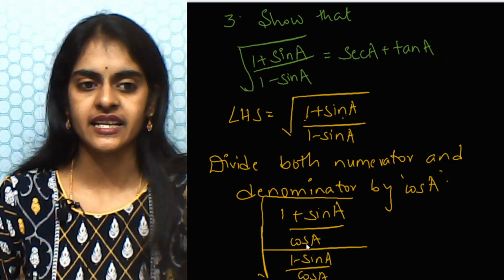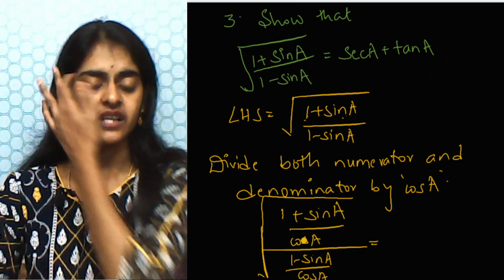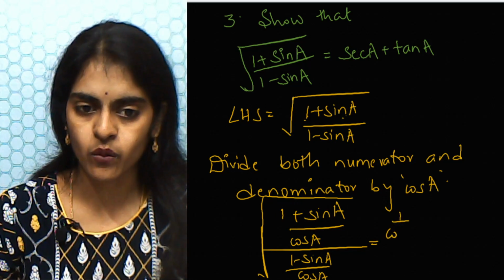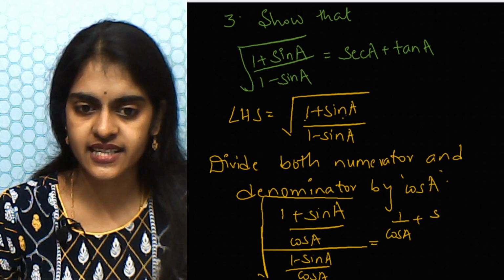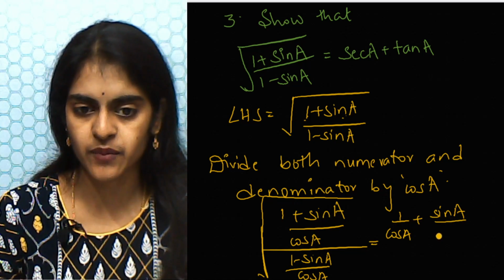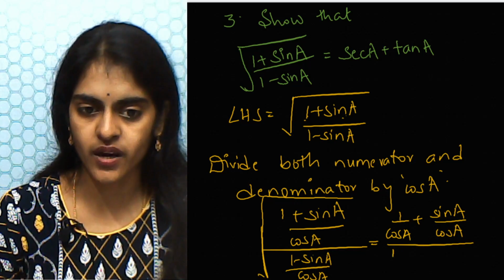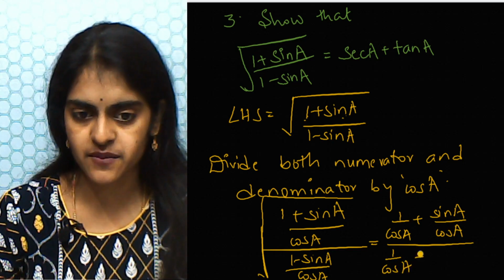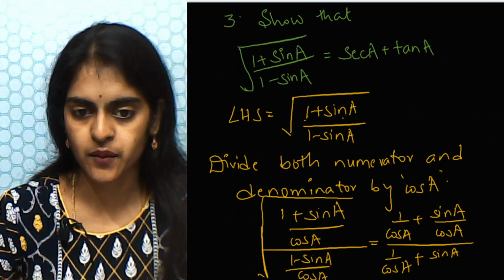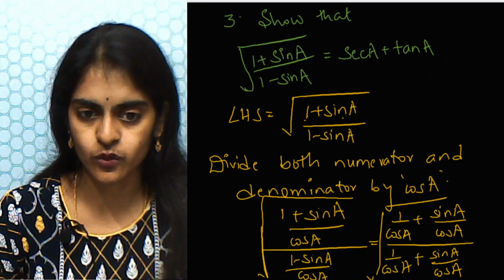Okay, now just see, separating the denominators, here you will get 1 by cos A plus sin A by cos A. Similarly here also you will have 1 by cos A, just I am separating the denominator, and this is sin A by cos A. This entire thing is in root.